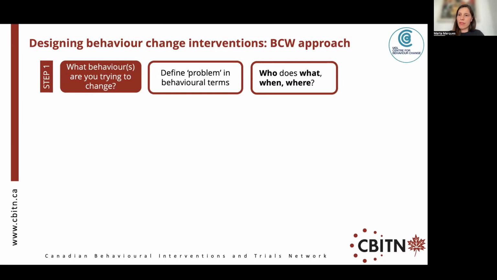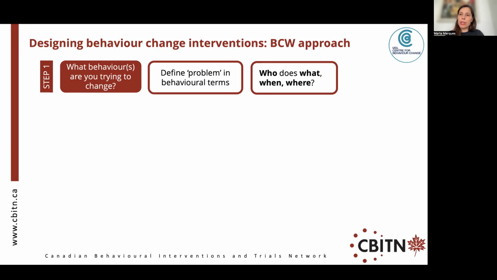The idea is that all three layers are interconnected. So you can't select what you will do in a given intervention without analyzing the barriers and facilitators to the behaviors that you want to change. And you also can't put this in practice if you don't look at the broader policy categories that need to be in place for the behavior to occur.